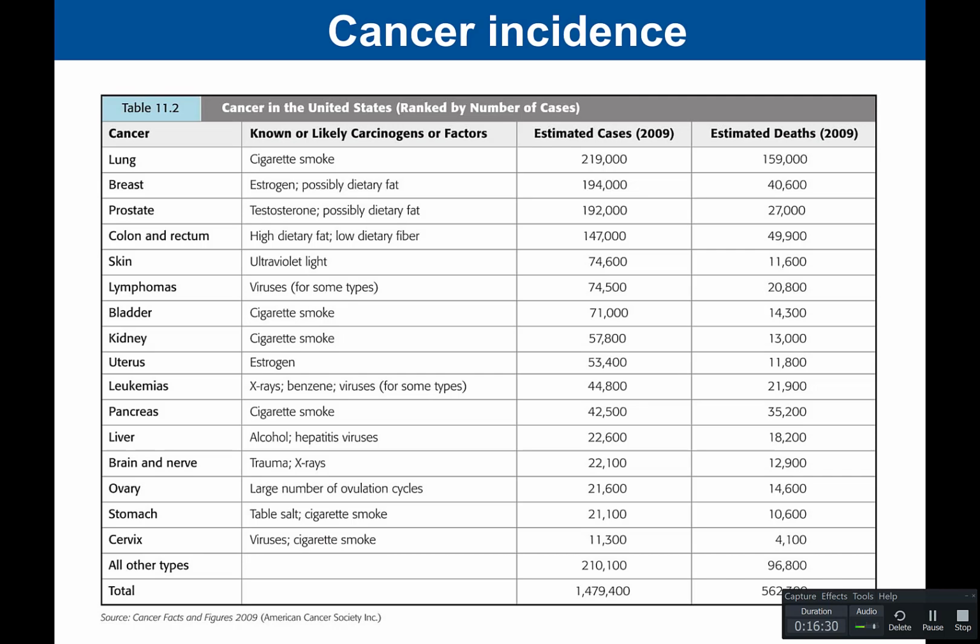In terms of risk factors for lung cancer, cigarette smoke is a big one. That is definitely going to increase your risk of getting lung cancer. Again, does that mean that you're going to? No. Many people have smoked throughout their whole life and not gotten lung cancer, but it definitely does increase your risk.